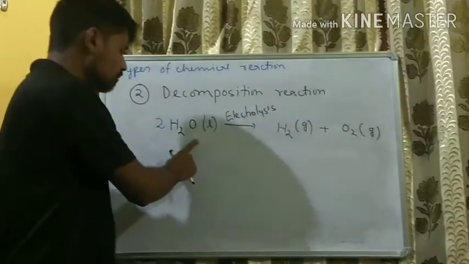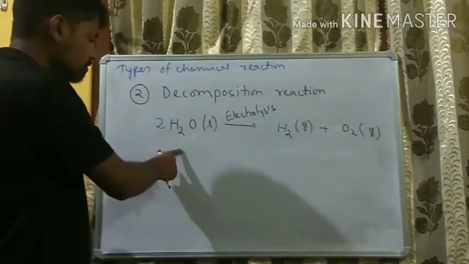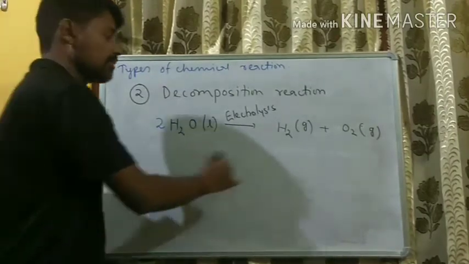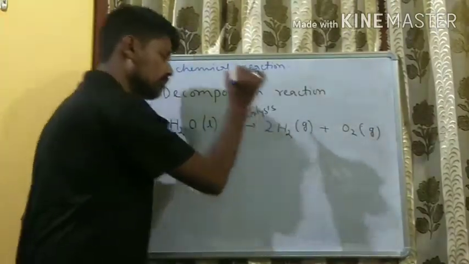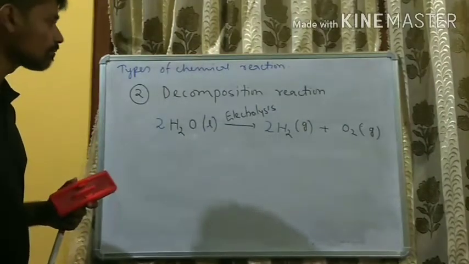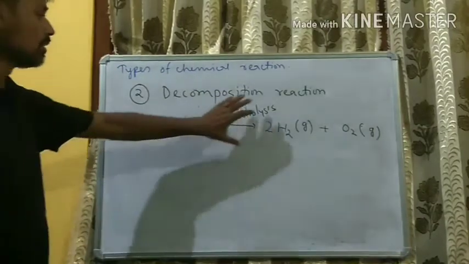When we add 2 with water, the number of hydrogen is also changed and it becomes 4 in the reactant side. So we have to add a 2 here. Okay, this is a basic example of decomposition reaction.